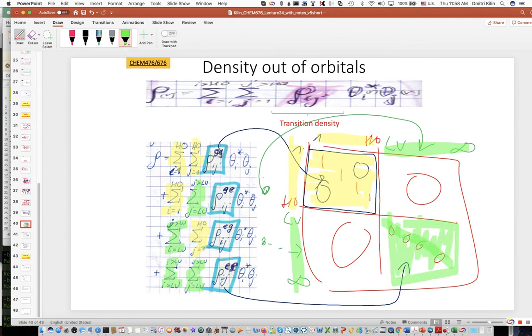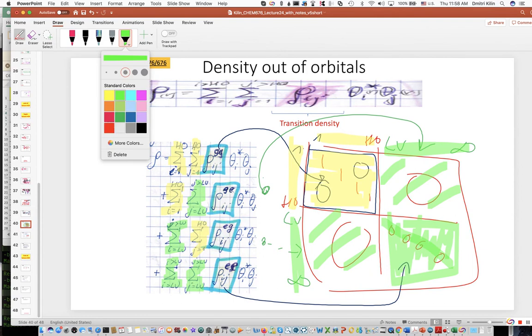And in case we have this mix and match, I don't know how to show it, maybe just doing stripes, if you have both green and yellow, it will correspond to the off-diagonal segment of the density matrix.